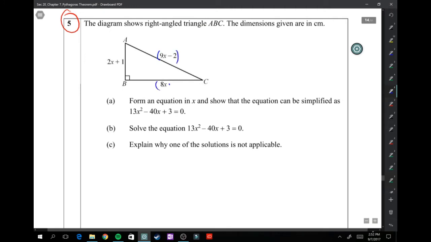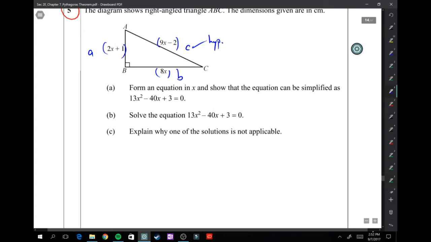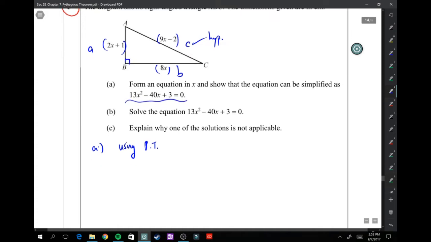First, please identify that we have this as our A, B and C, and C is obviously the hypotenuse. With this, you know that the only equation you can form is by using Pythagoras theorem. You see a right angle triangle, they ask you to form an equation for part A. The only equation you really can form is by using Pythagoras theorem, and there you have it: (2x plus 1) the whole thing square plus (8x) the whole thing square equals (9x minus 2) the whole thing square.